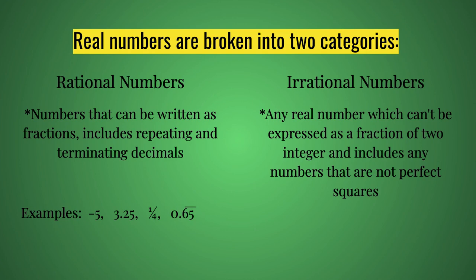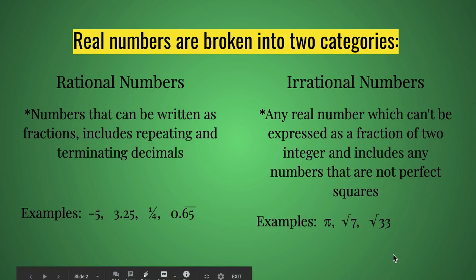But if I throw a number at you like the square root of 7, that's not a perfect square. We don't know what that is off the top of our head. We would have to plug that into a calculator. So here are some examples of irrational numbers. A perfect one that we can think of is pi, because pi is a decimal number that goes on forever. We cannot put that in a fraction form, even though sometimes we use an approximation fraction for it.